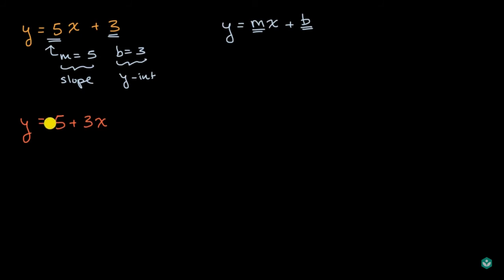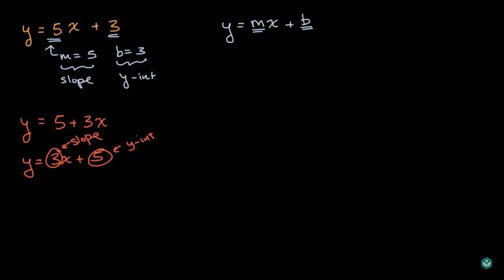So if you want to write it in the same form as we have up there, you can just swap the 5 and the 3x. It doesn't matter which one comes first. You're just adding the two. So you could rewrite it as y is equal to 3x plus 5. And then it becomes a little bit clearer that our slope is 3, the coefficient on the x term, and our y-intercept is 5.